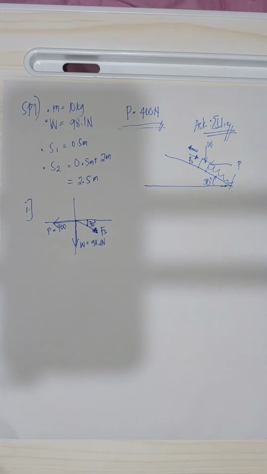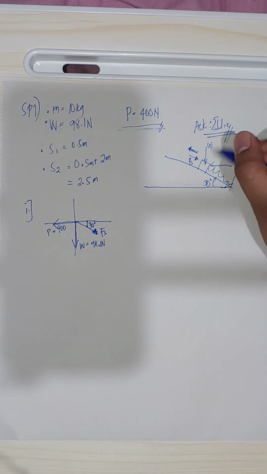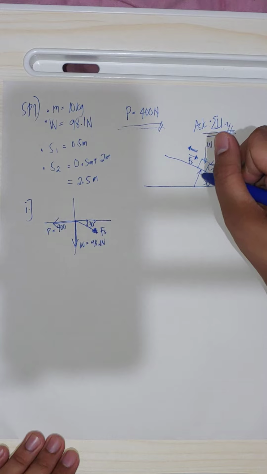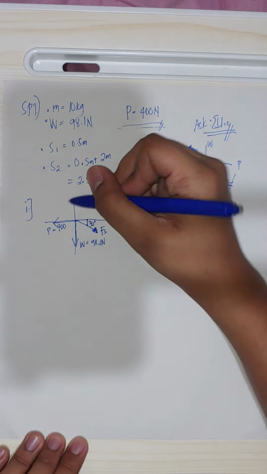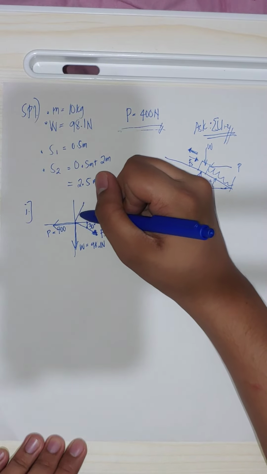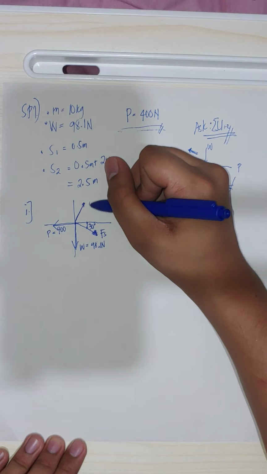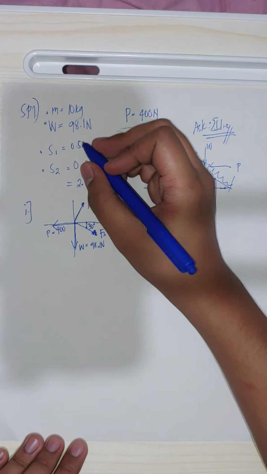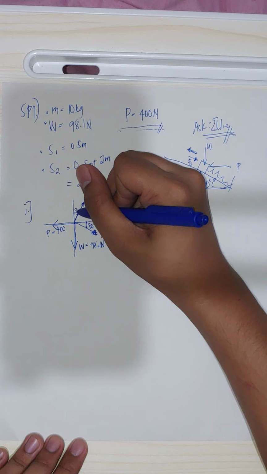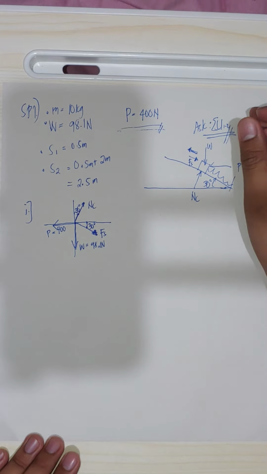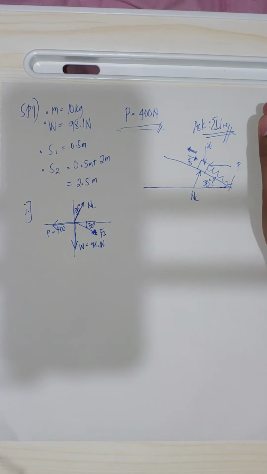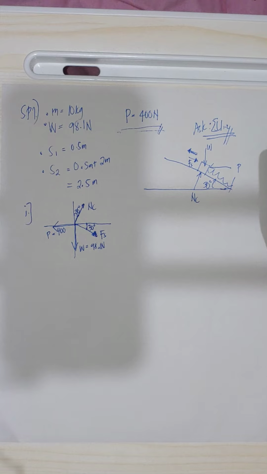Then we have the normal force, NC, which is always perpendicular to the surface. So this is 30 degrees. So we will solve the total work done on the object.